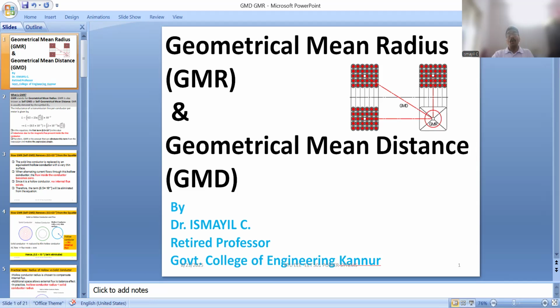Since it is a hollow conductor, there is no internal flux inside the conductor, so there is no interaction between the flux and the current. Therefore, we can simply eliminate the term 0.5 into 10 raised to minus 7 from the earlier equation.